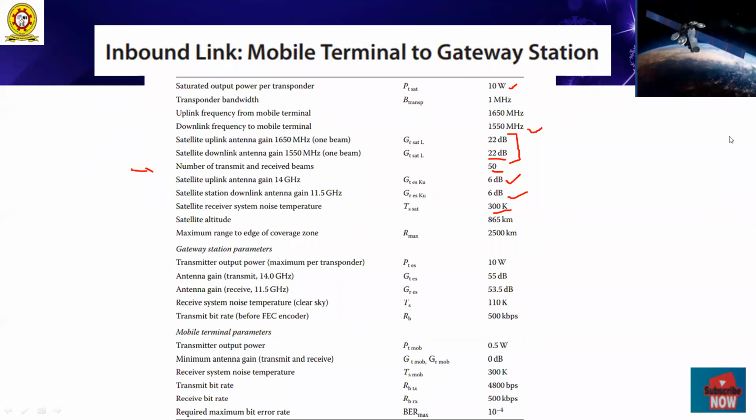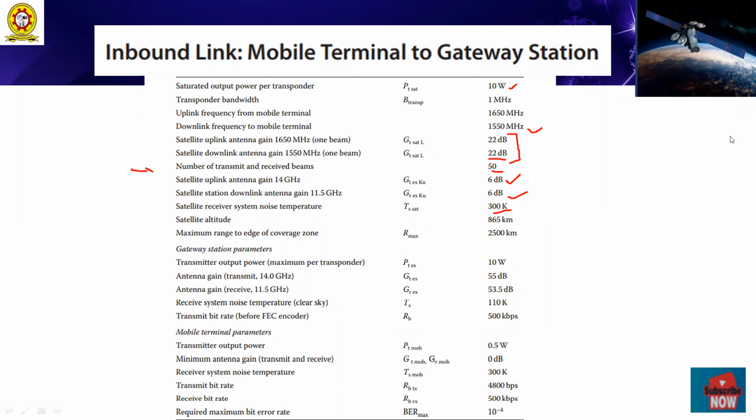Mobile terminal parameters: 0.5 watts, and minimum antenna gain 0 dB. Receiver system noise temperature 300 Kelvin. Transmit bit rate: think how this bit rate has varied from the previous budget sheet to this budget sheet.